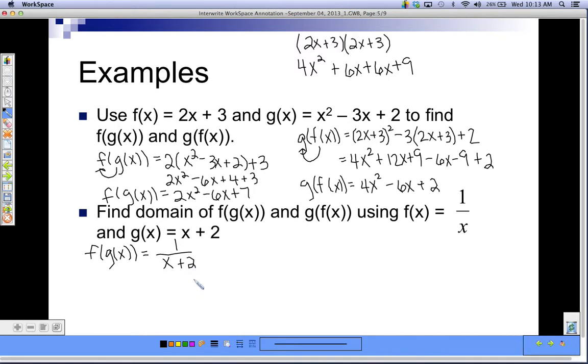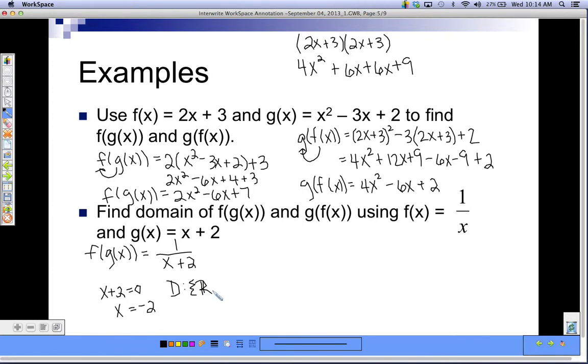Now, your domain, we can have it be all numbers, but think about this. You can't have a 0 in the denominator. So we have to figure out when would x plus 2 equal 0. Well, that occurs when x equals -2. So that means our domain, we would say, is all real numbers.